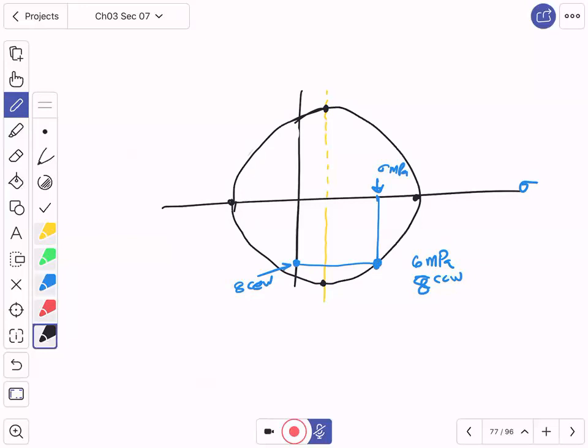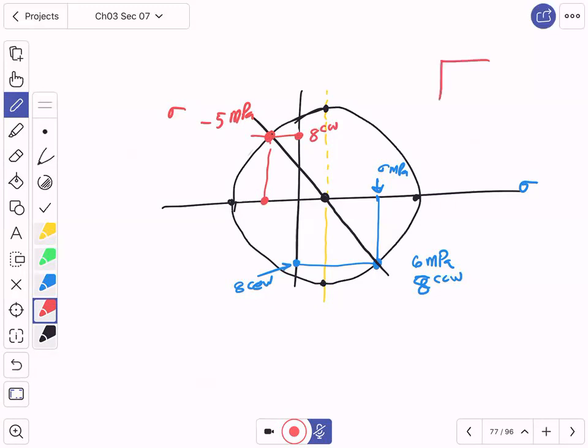Now, all I need to do is to draw a line between this point and the center of the circle. Automatically, the other point will have -5 megapascal as normal stress, this -5, and it will automatically have a value here which is 8 clockwise. Do you see that?